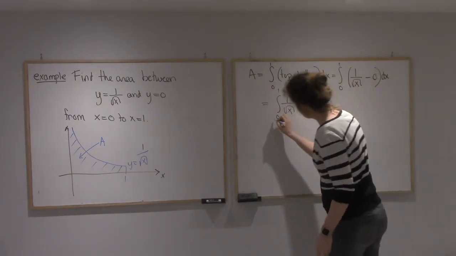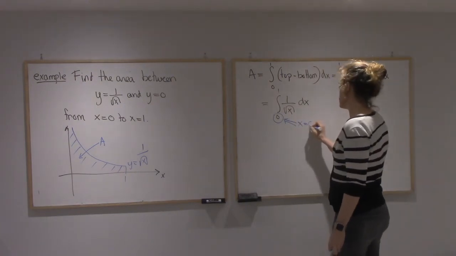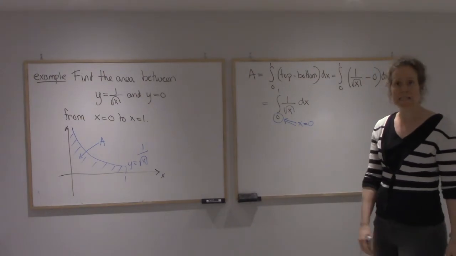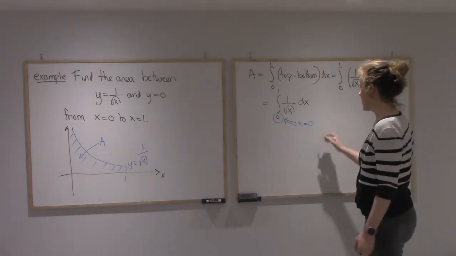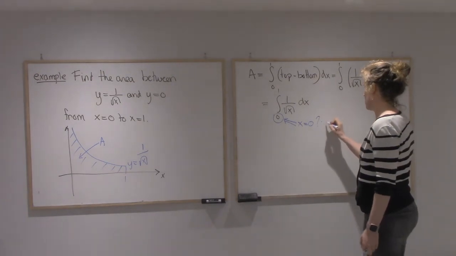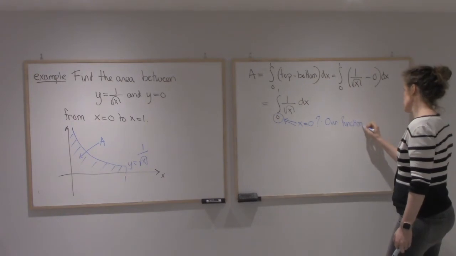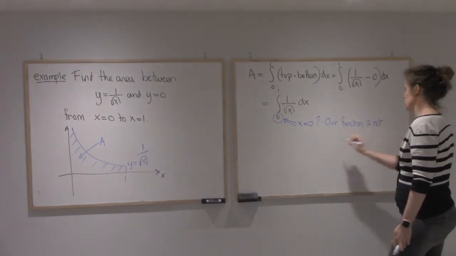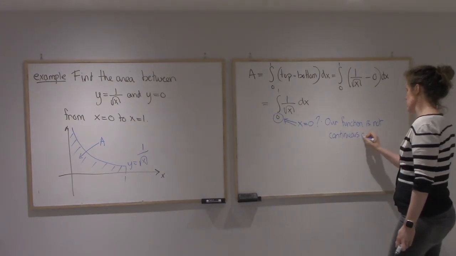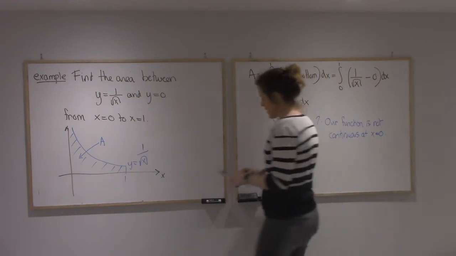Now I'm having issues with this point. x equals 0 is a vertical asymptote for this graph, so it isn't a continuous graph at x equals 0. So I cannot use FTC.